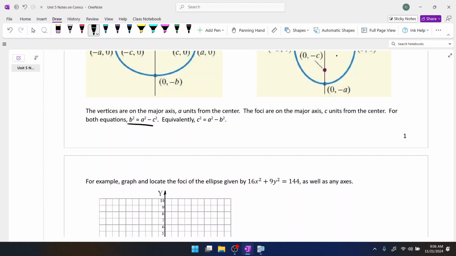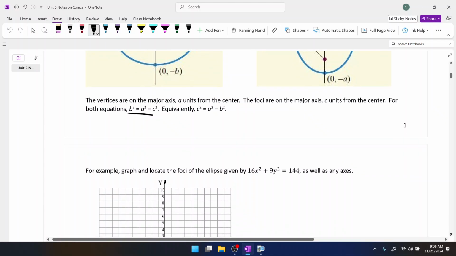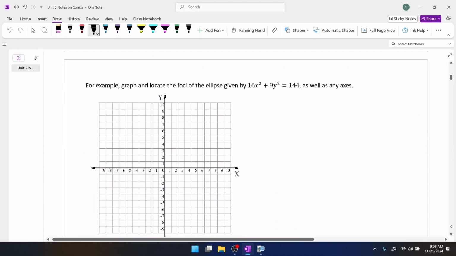So we're going to graph and locate the foci of the ellipse given by this equation. So the first thing we need to do is divide everything by what? To get 1 on the other side. 144. And not coincidentally, what is 16 times 9? 144.